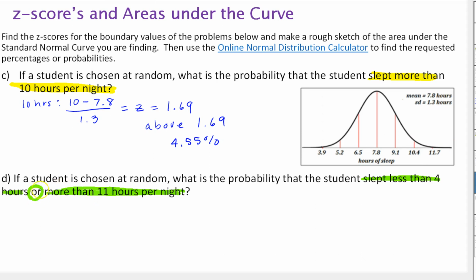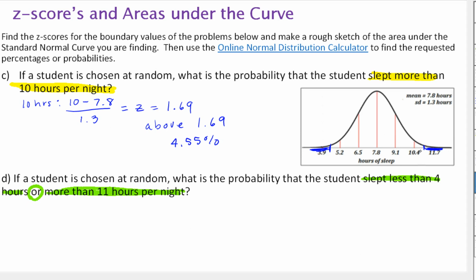Notice I circled or because it's not both less than 4 and more than 11, because none of them are. Okay, we want these two pieces. So 4 hours is about here, and 11 hours is about here, and we want to add these two areas together, which the calculator does for us. It has a special button for finding these.